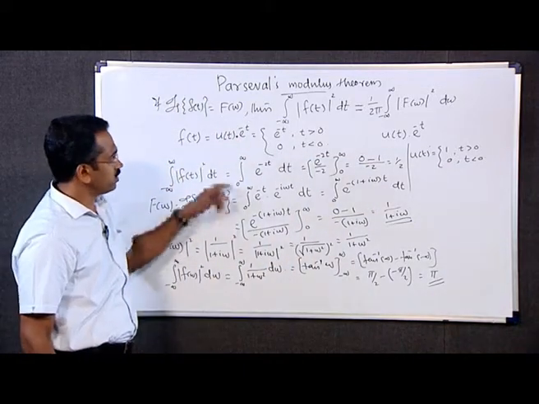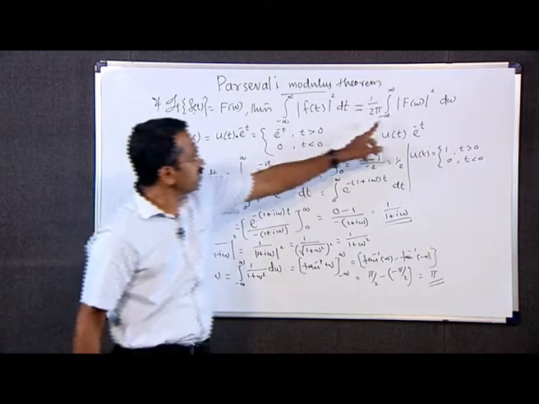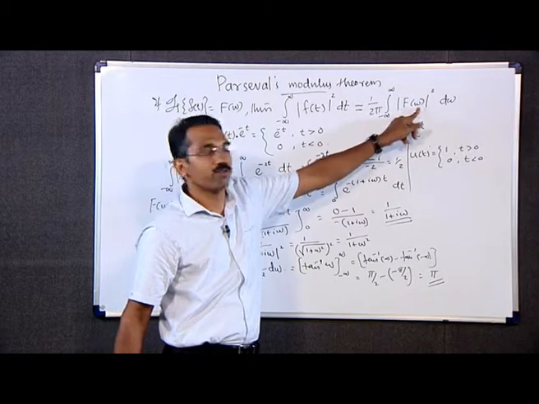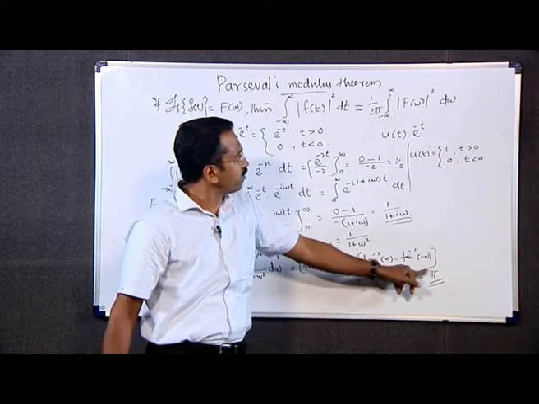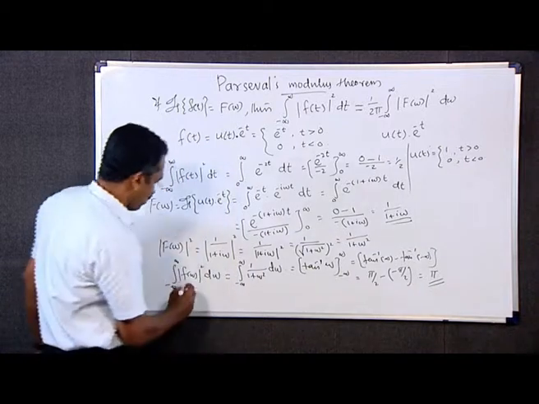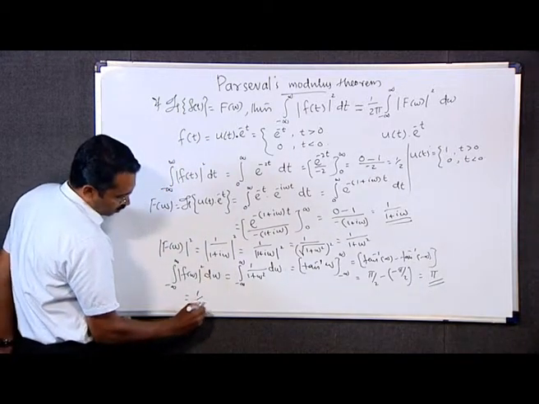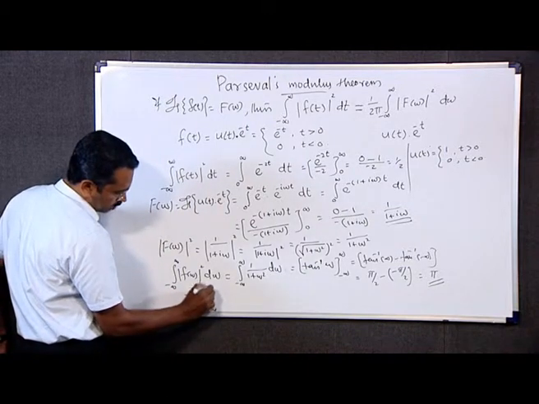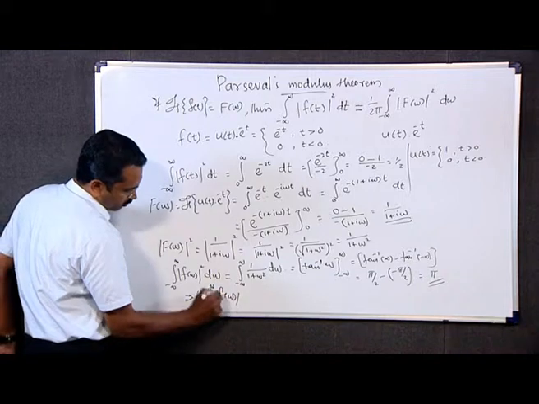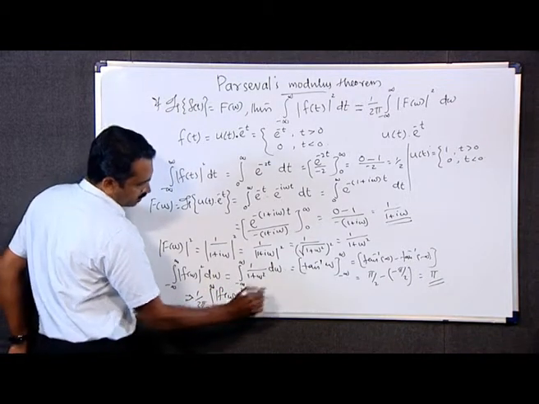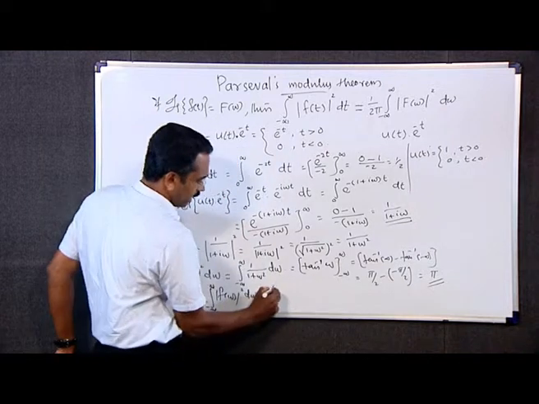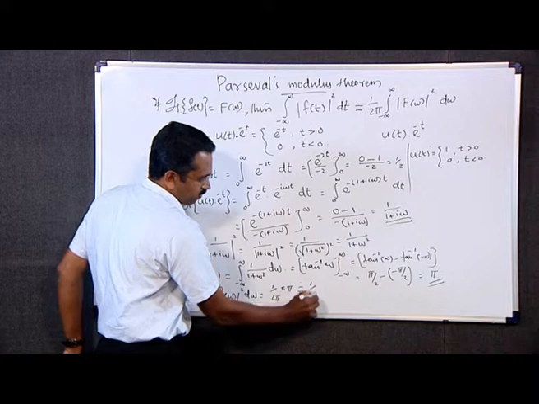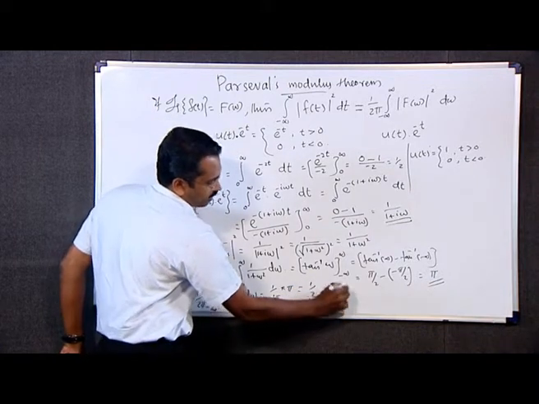Therefore, we can write here the right hand side integral is integral from minus infinity to infinity modulus of f of ω square dω is π. Therefore, 1 by 2π into integral from minus infinity to infinity modulus of f of ω square dω is equal to 1 by 2π into π, that is 1 by 2, which is the right hand side.